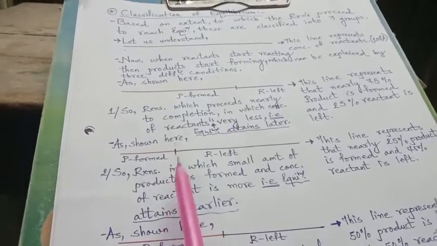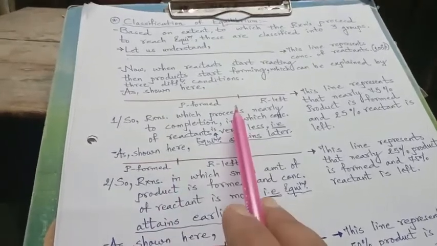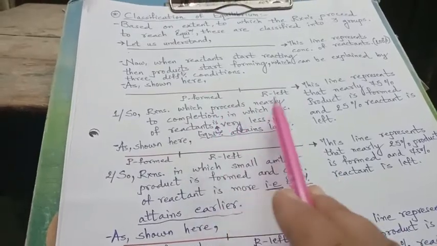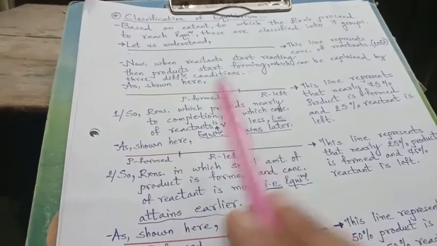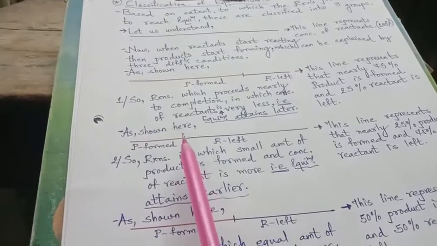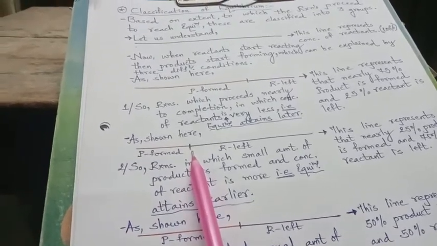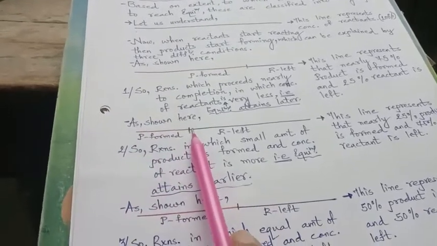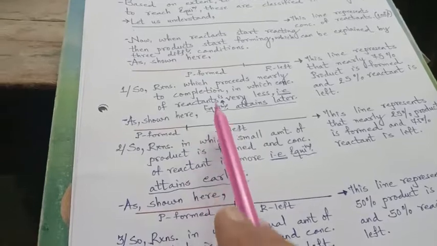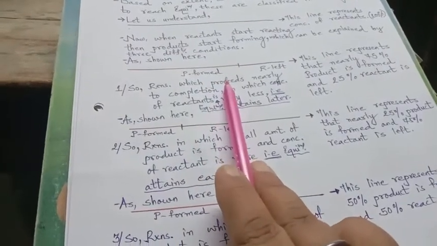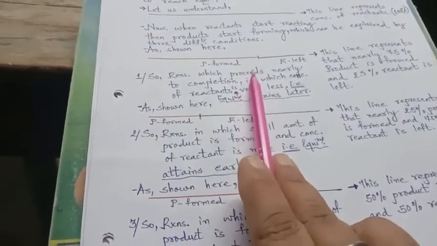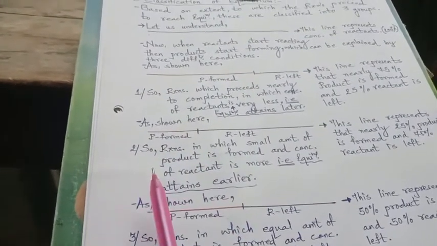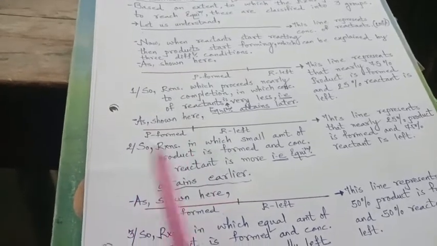In the first case, equilibrium attains later, so the highest amount of reactants keeps on reacting, and a good, desirable amount of product can be attained. But here equilibrium attains at a very early stage, the reactant stops reacting, and a smaller amount of product is formed. This is the second condition.